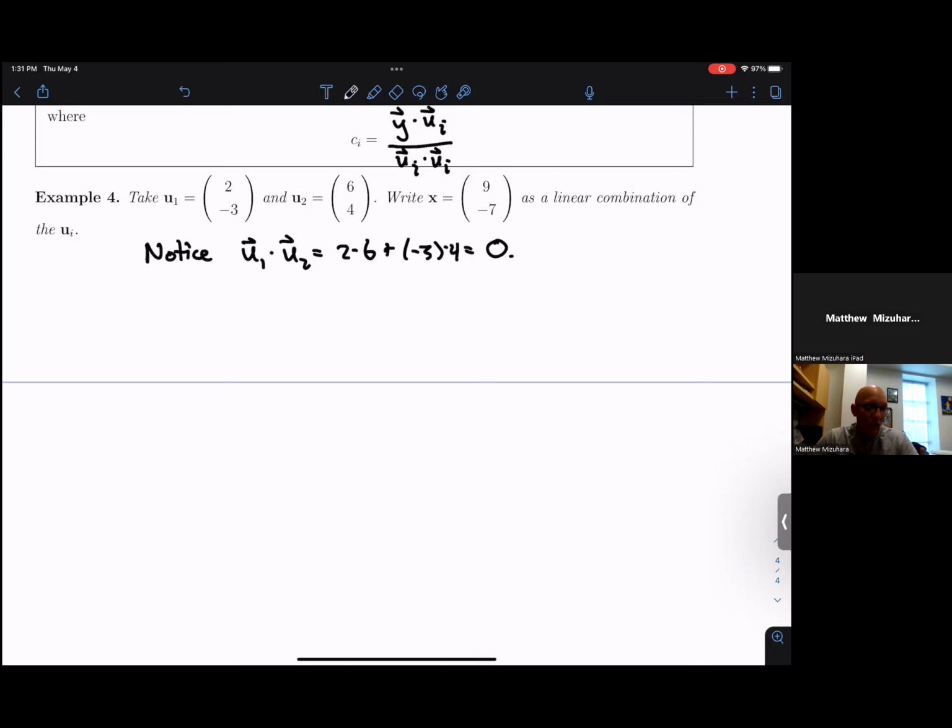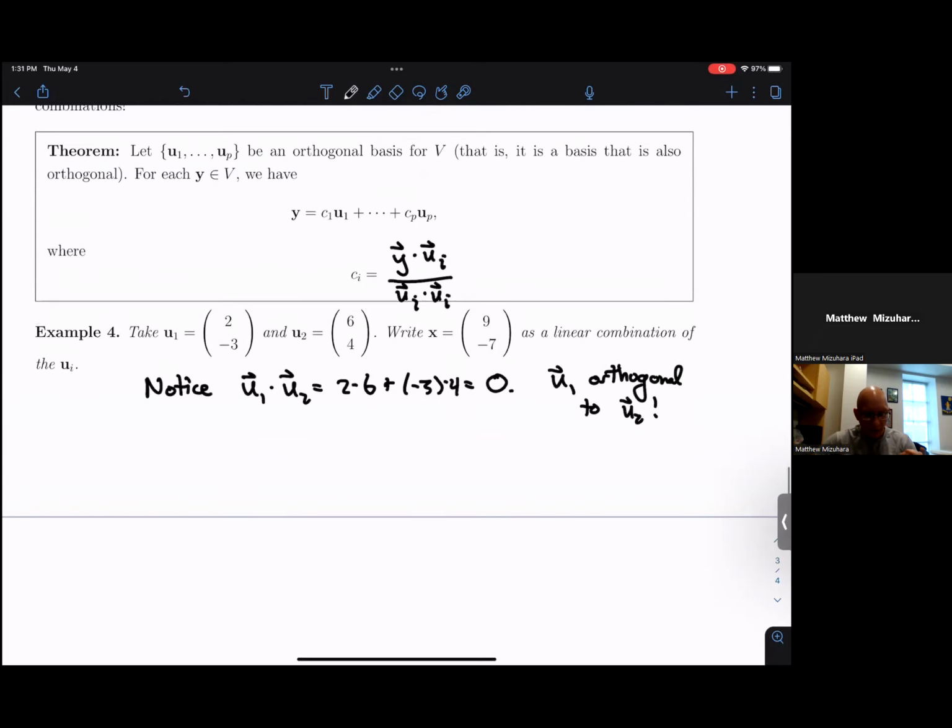So u1 and u2 are orthogonal, which means I can use my theorem above, because these are now linearly independent and thus a basis for R2.